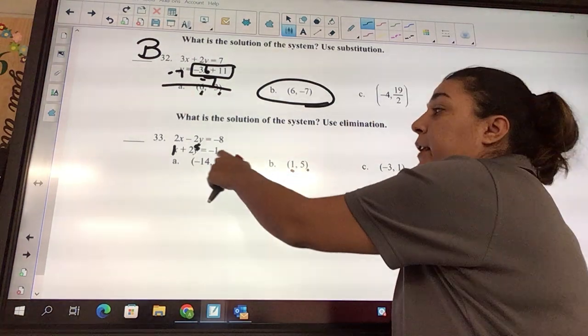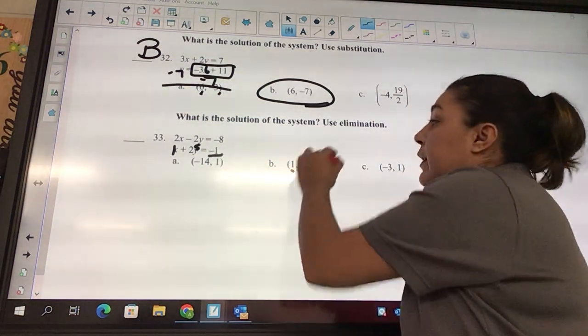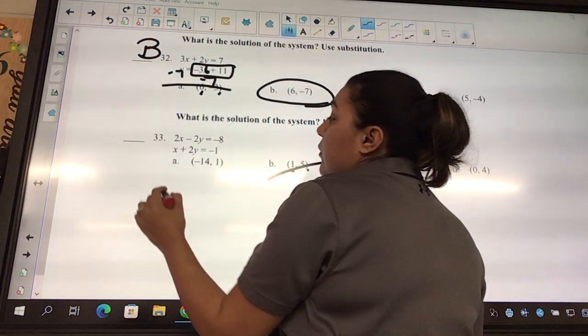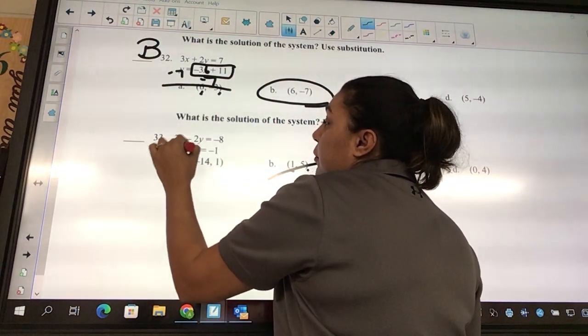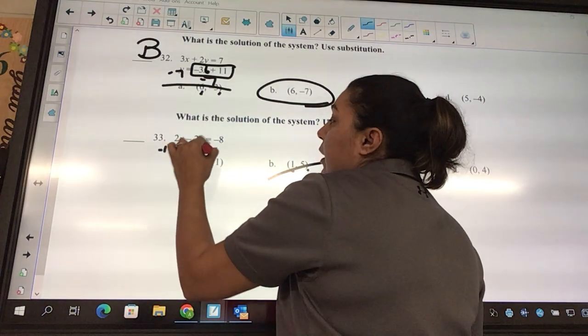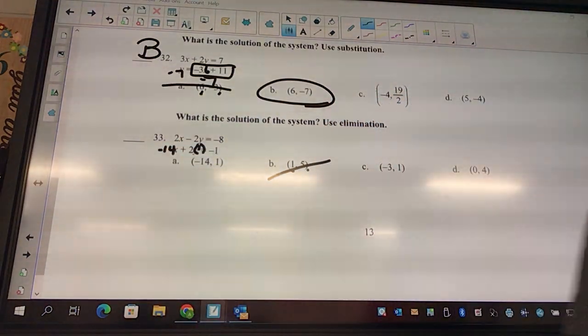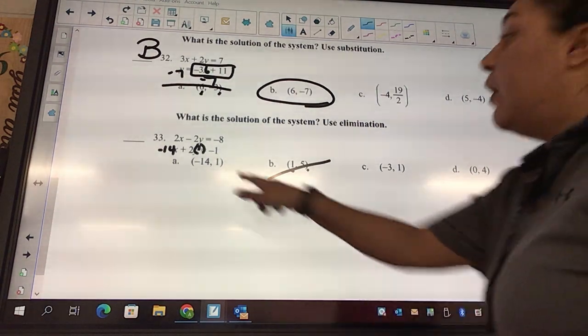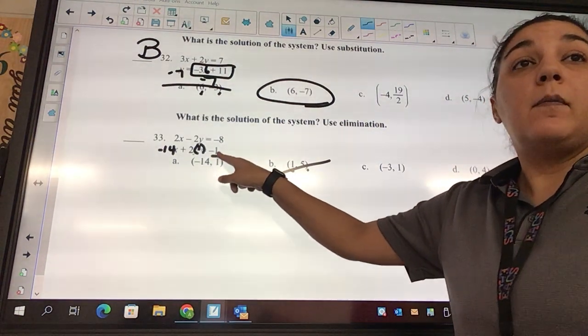Does 11 equal -1? No, so that one's not right. You can go back through and do -14 plus 2 times 1. -12. Does -12 equal -1? No.